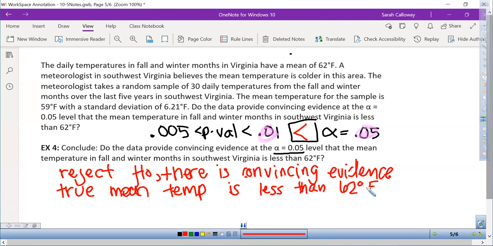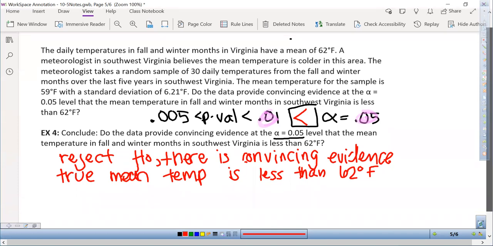Okay, so using a one sample t-test, we found a value for t that allowed us to determine a p-value, which was less than our significance level alpha, which means that we're rejecting our null hypothesis, that there is convincing evidence that the true mean temperature in Virginia during the winter months is less than 62 degrees Fahrenheit.